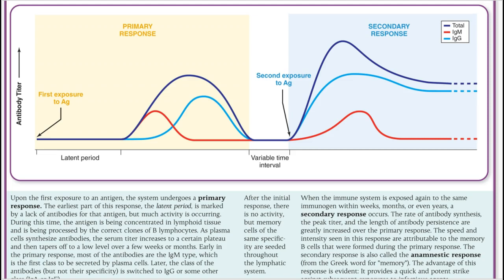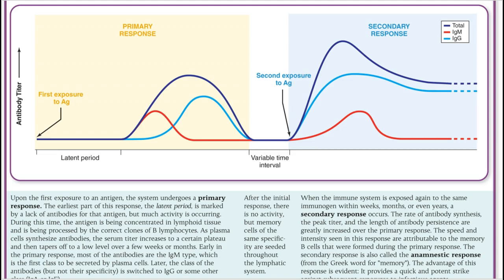This graph is also from the text, and this illustrates the primary and secondary response to antigens and antibody production. So you can see in the first section is the primary response. This is the first exposure to the antigen.